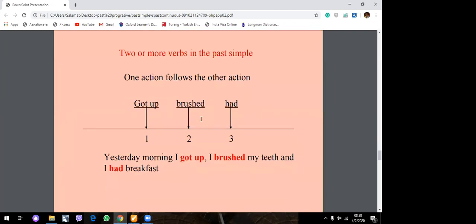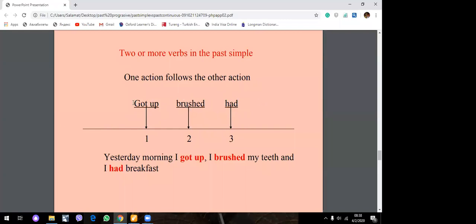Let's see. If we use past simple for more than one action, the action follows one and another, okay? Firstly, we have a timeline. We have three actions here: get up, brush, and have.